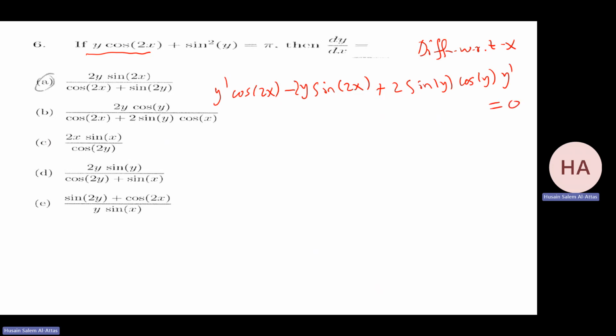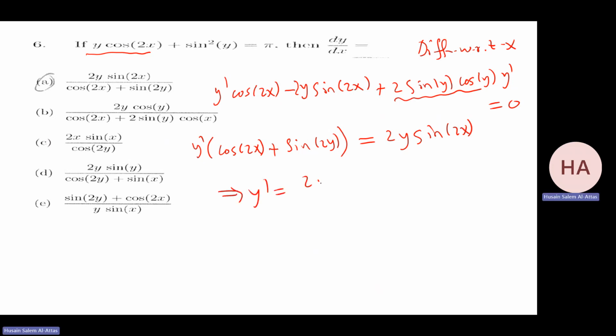That should be equal to 0. So the terms with y prime are: cosine 2x plus 2 sine y cosine y, here sine 2y, equals 2y sine 2x. So y prime would be 2y sine 2x over cosine 2x plus sine 2y, which is this one.